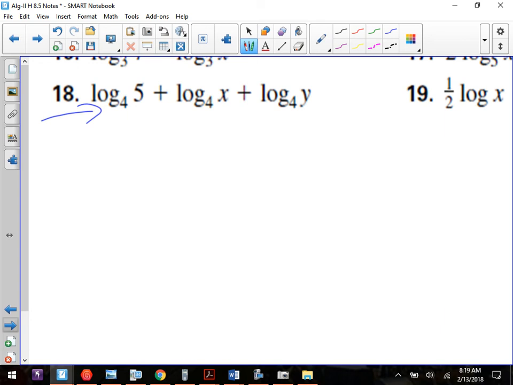Just take the little things that you like and repeat it. So let's see, we get log base 4 of 5xy.